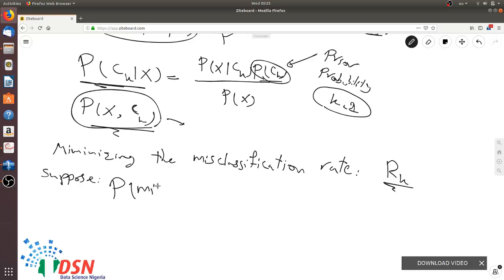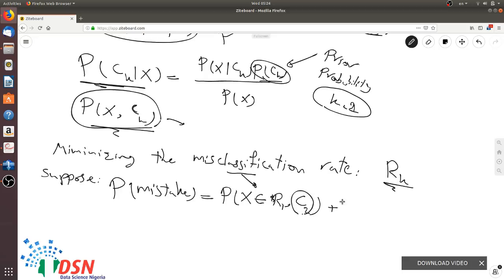The probability of making a mistake is: when X is in region 1, we decide to call that person cancer, so we predict somebody has cancer although R1 is actually the region where somebody is normal.